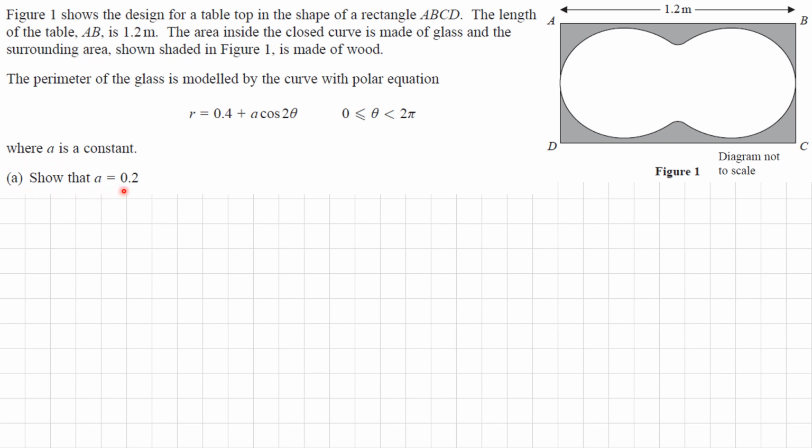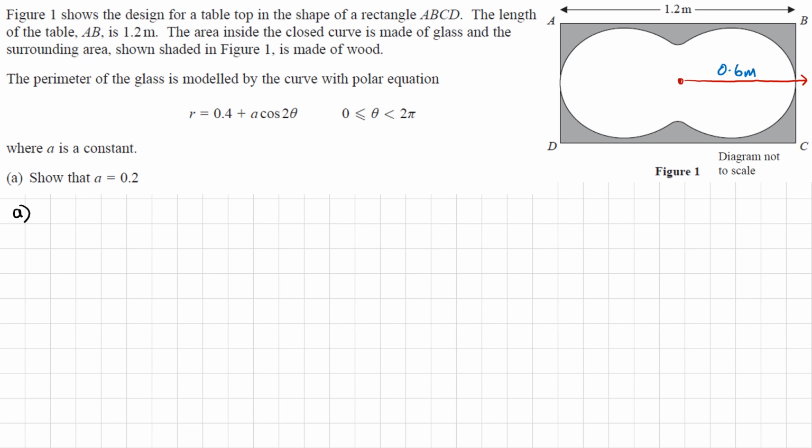Part a, show that A is equal to 0.2. Now it would make sense that the pole is at the very center here, and this being the initial line going over here, and we know that the distance from the center to the edge of this is going to be 0.6 meters, because that's just half of 1.2 meters.